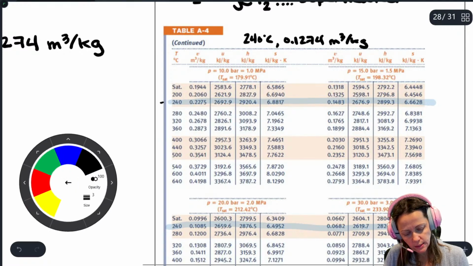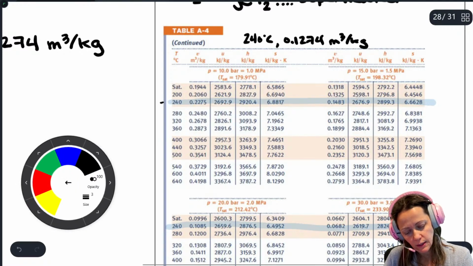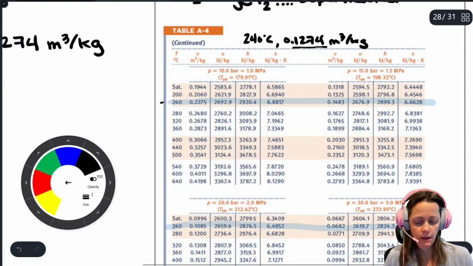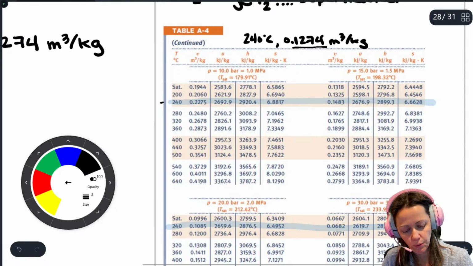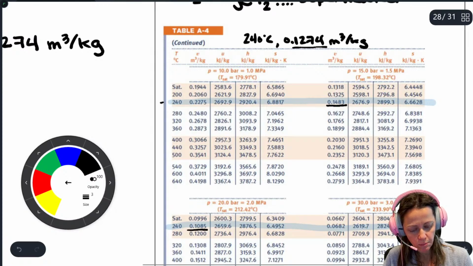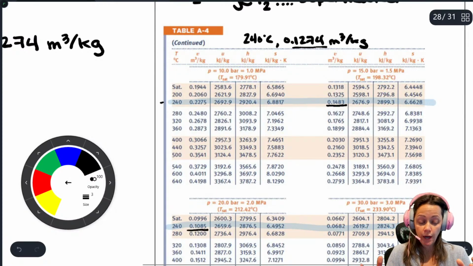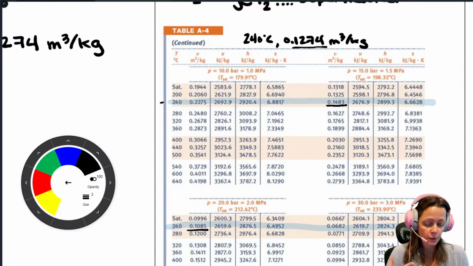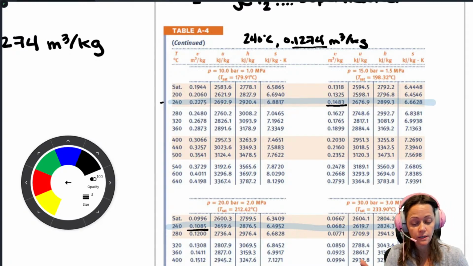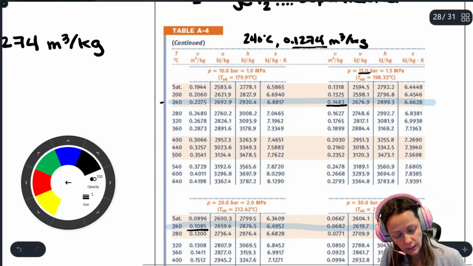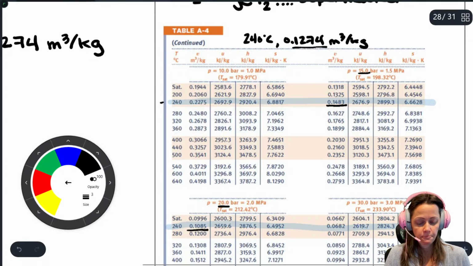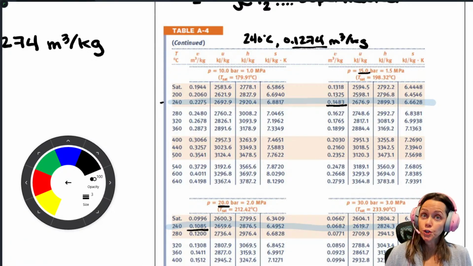And what I'll see is that I'm looking for something that's kind of close to that 0.1274. So here's a value a little bit above that. Here's a value a little bit below that. And based on that, I know my pressure is going to be between 15 and 20 bar. All right, so I'm going to interpolate for that information.